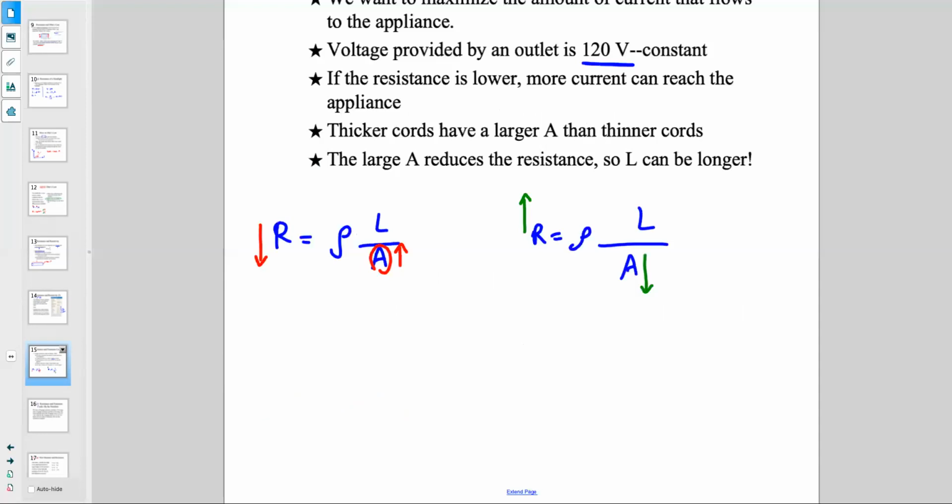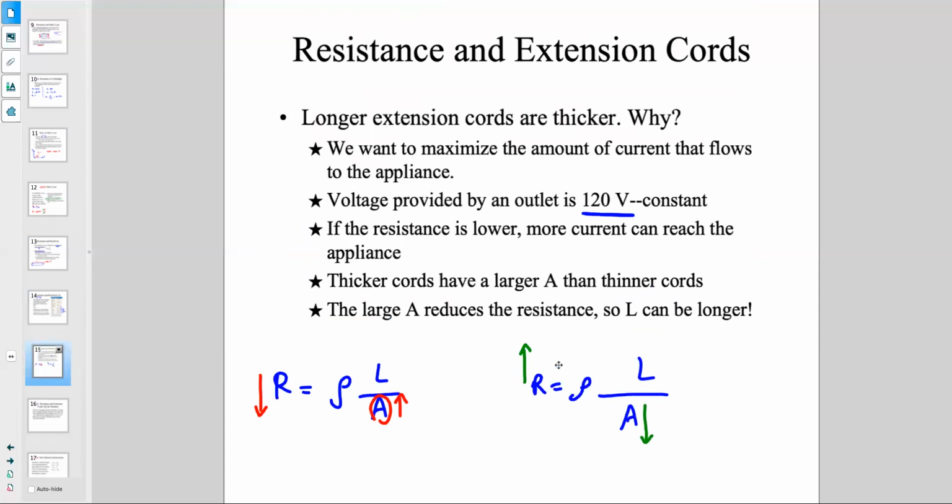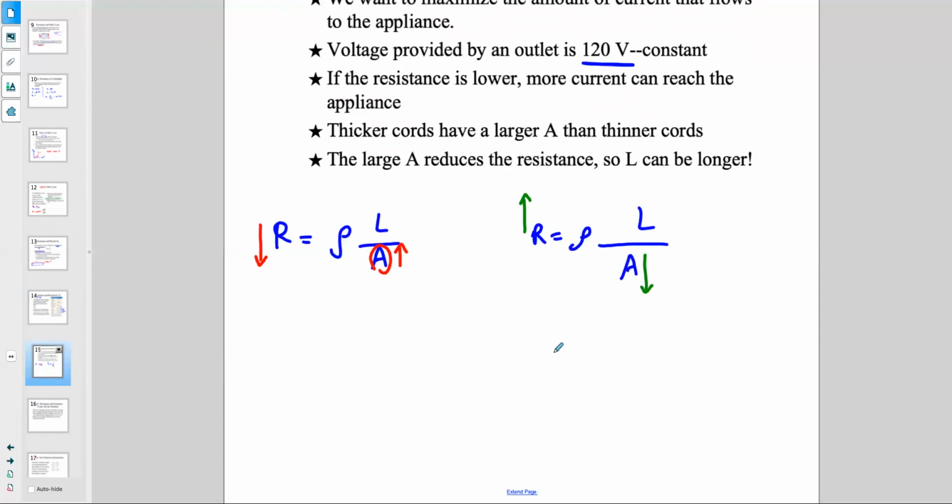So if I want to have a very long extension cord, that means this L is high.